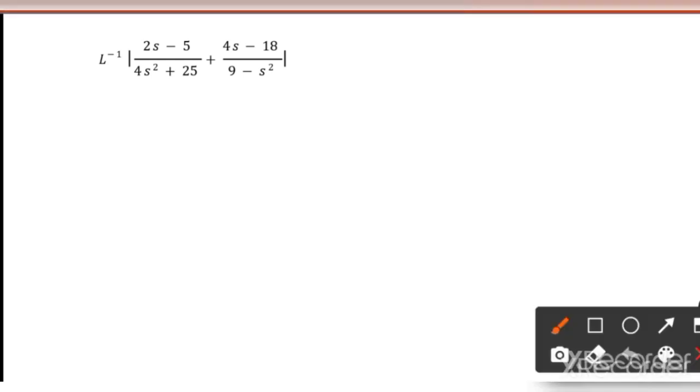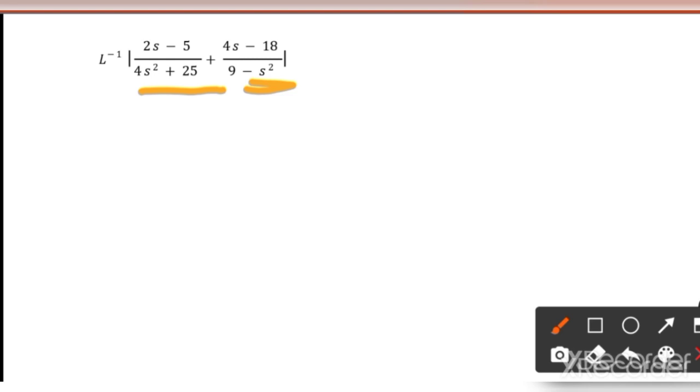So we have to first make these in standard format. If I have s square plus a square or s square minus a square, I can write in terms of standard format. What is that? Either s by s square plus a square, or s by s square minus a square.